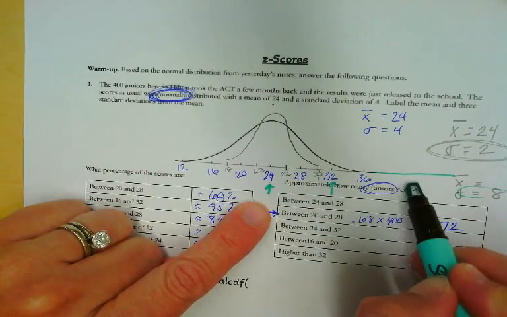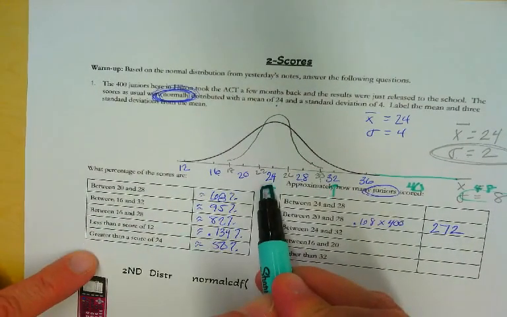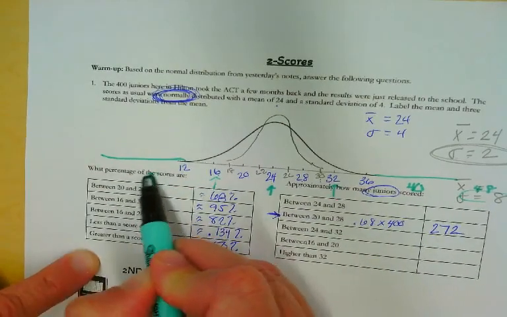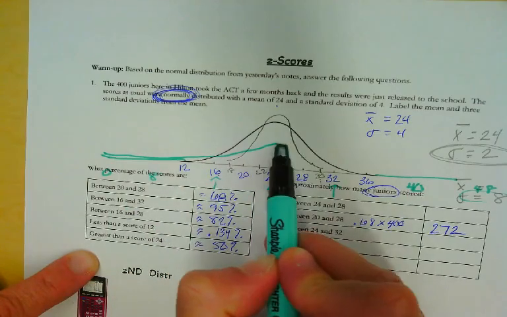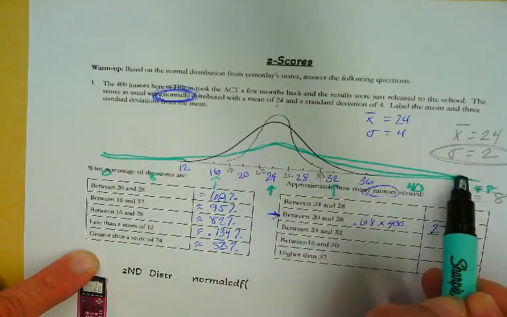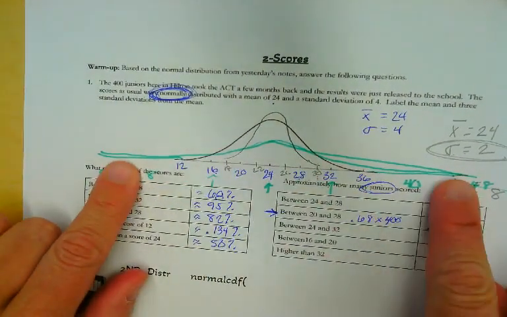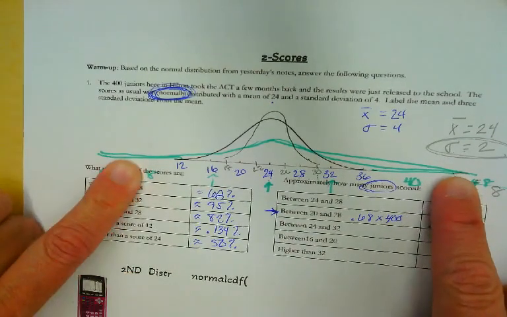Then it would go out to 40 and 48. If I subtracted 8, I would get 16, then 8, then 0. So this curve would look more like this. Whoops, that's terrible. Sorry. But you get the idea that spread, thank you, it's way further spread out. And there's not a lot of good data I'm going to read from that if my standard deviation is so far apart, okay?